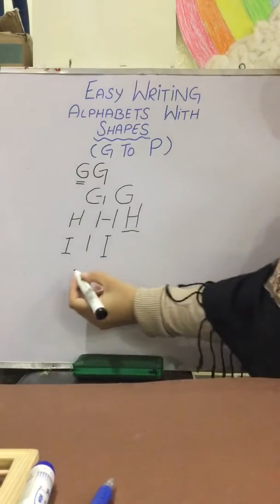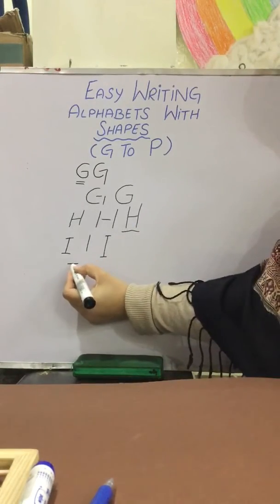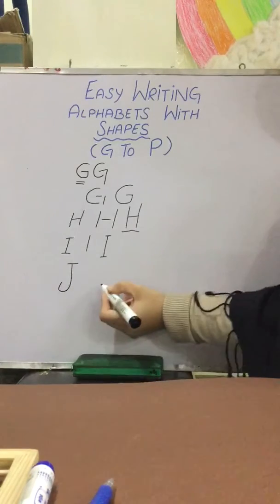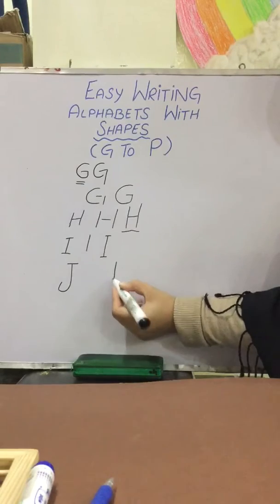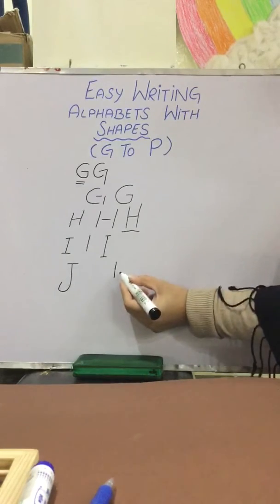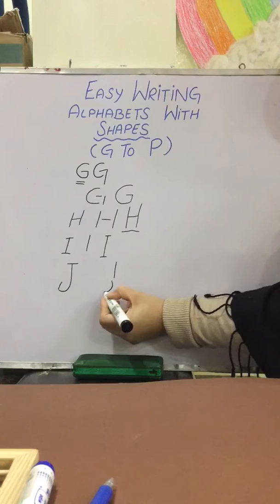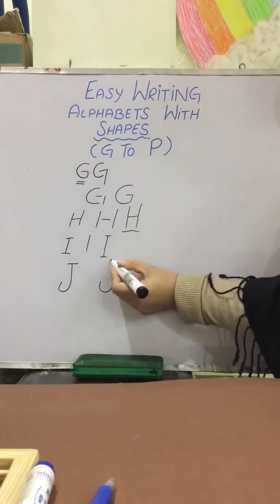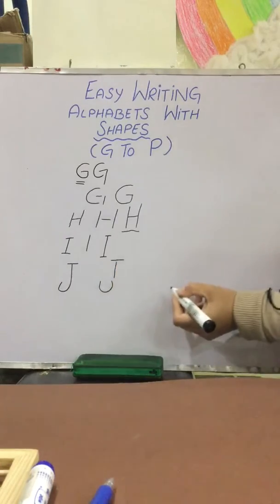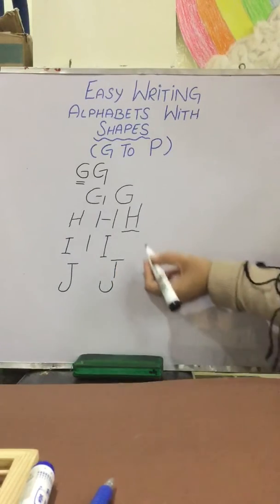Then next one is J. How to write J? Now look at the pattern carefully. This is a little vertical line and then an upward semicircle, and then on the top a little horizontal line.